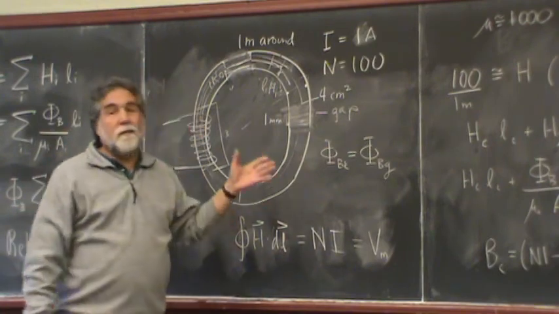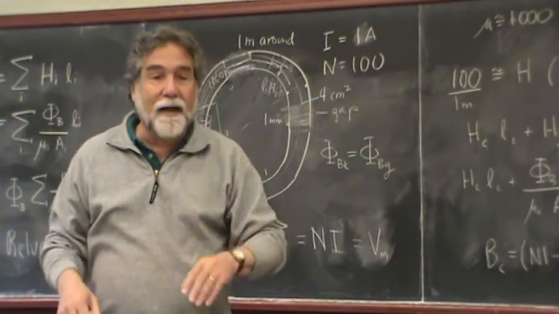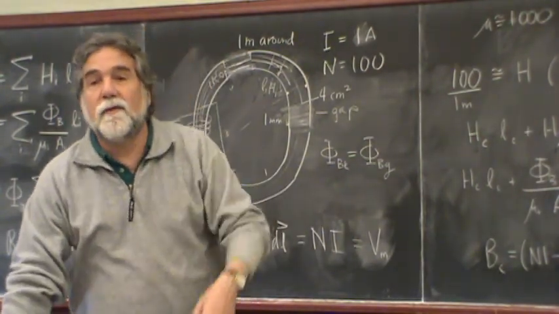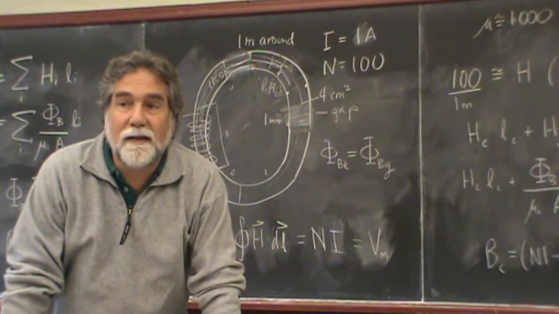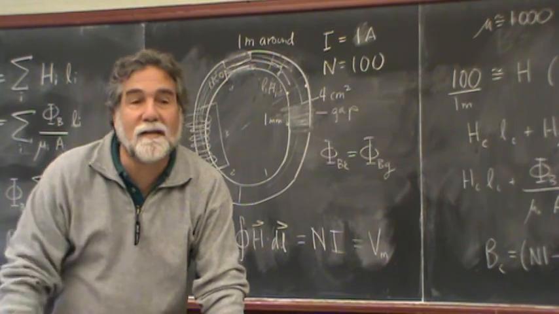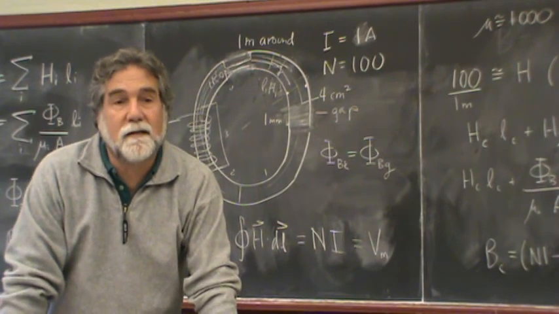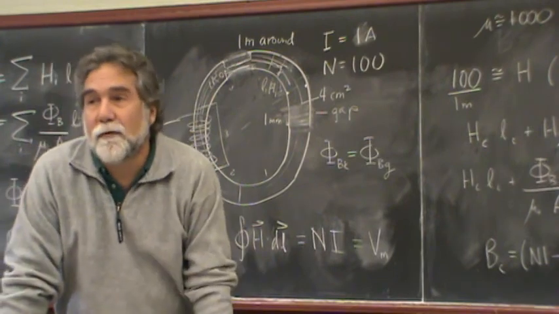So, it should have bothered many of you, actually, that with all the calculations that we wrote up here, you didn't actually know how to calculate the magnetic field in something as simple as a C magnet. And this begins to give you an approach to that.